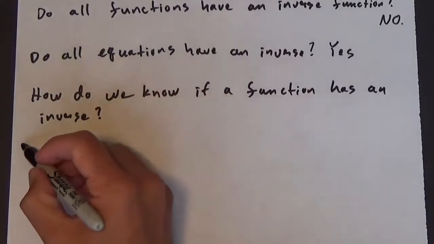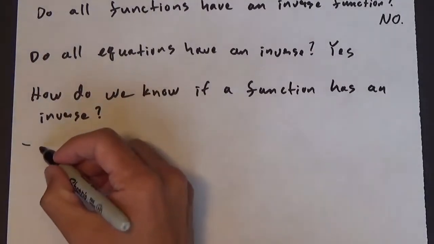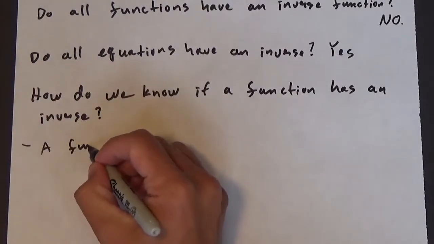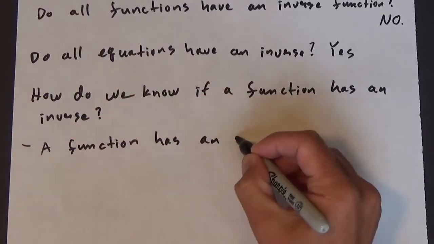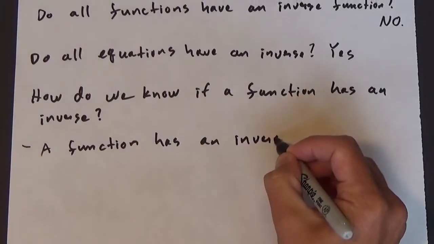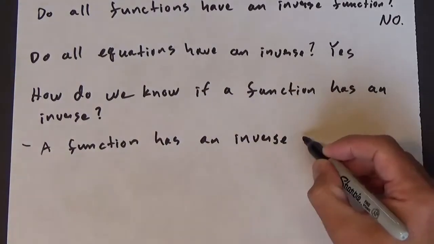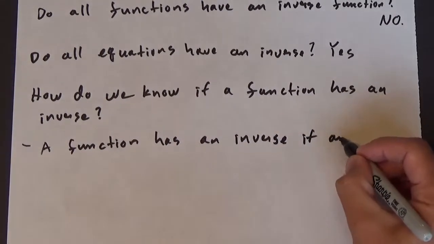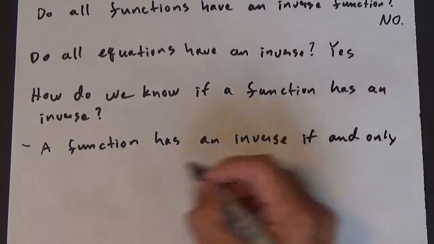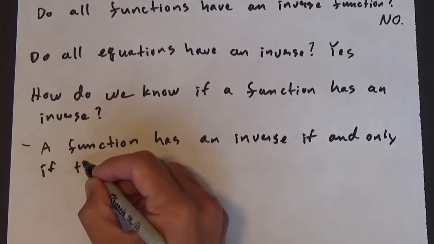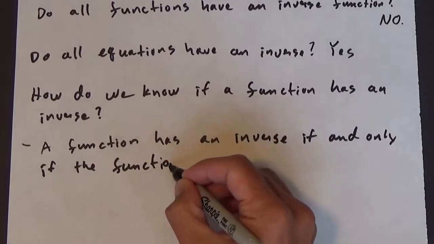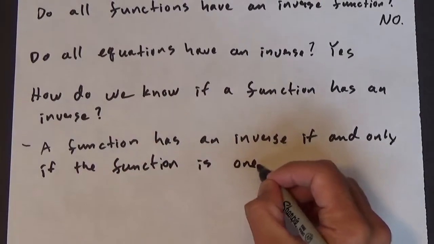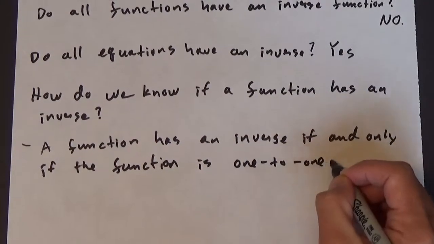All right, so a function has an inverse if and only if the function is 1 to 1.